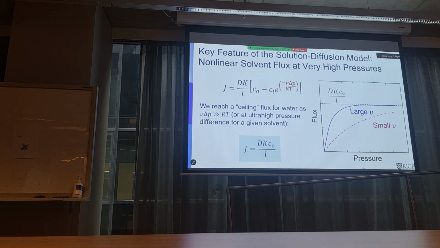So if you plot the flux based on the solution diffusion mechanism for water flow or solvent flow, with a small molar volume like water, it will be nonlinear and at very, very large pressure will approach this limit. And if you have a large solvent, like an organic solvent under filtration, it will approach it at lower pressure.